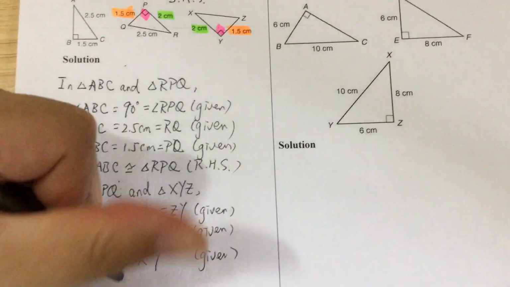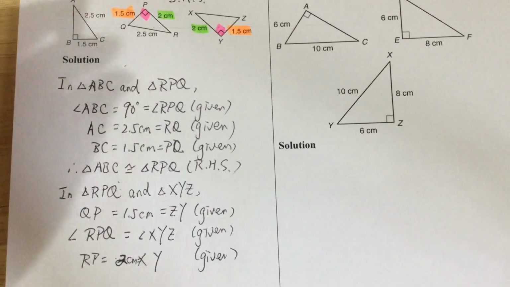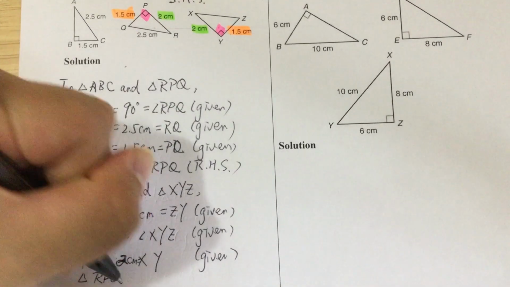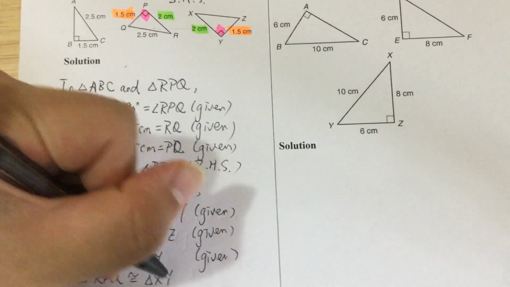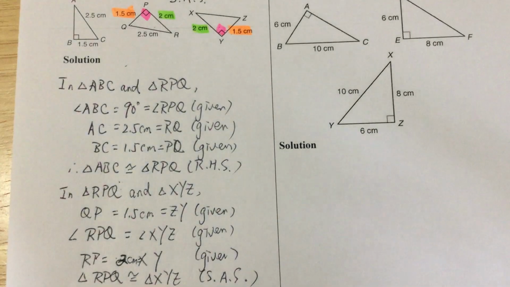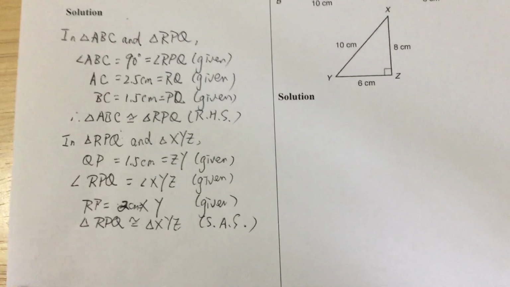So we can say these two triangles are congruent once again: triangle RPQ is congruent to triangle XYZ, by SAS.